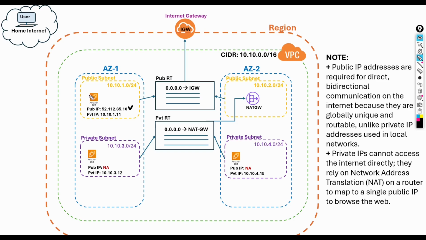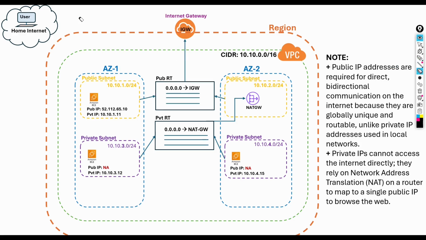So for a machine inside the public subnet which has a public IP address and a default route towards the internet gateway in its route table, bidirectional internet traffic is possible, means the outbound traffic to the internet and the inbound traffic from the internet to the server. Both are possible in a public subnet. Hope you understand so far.